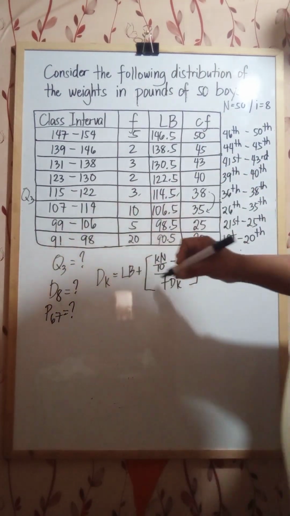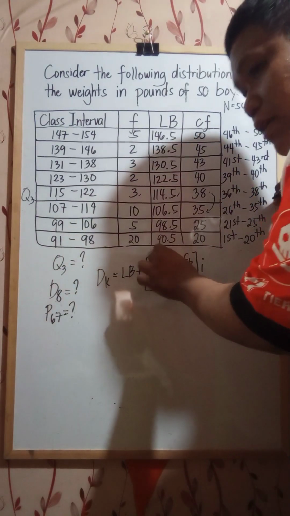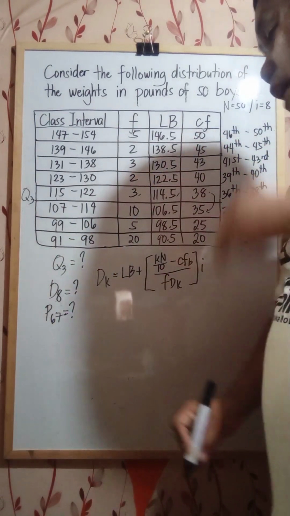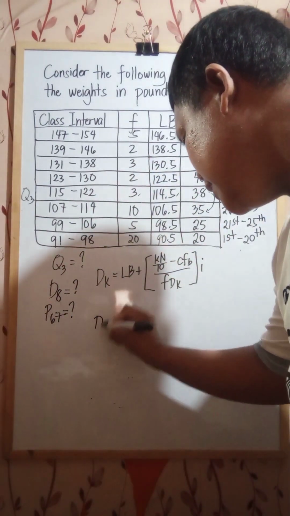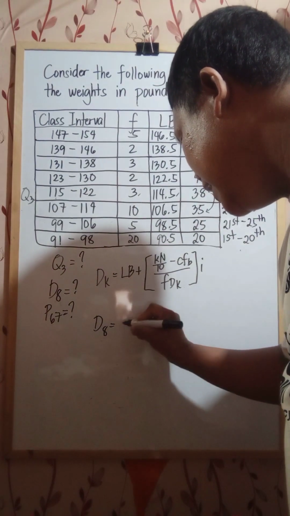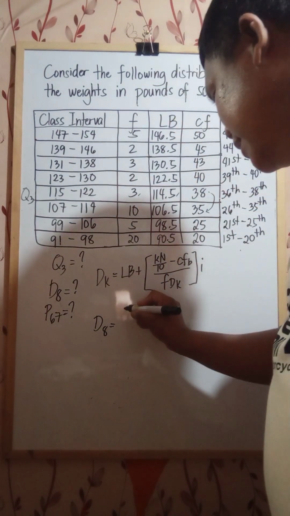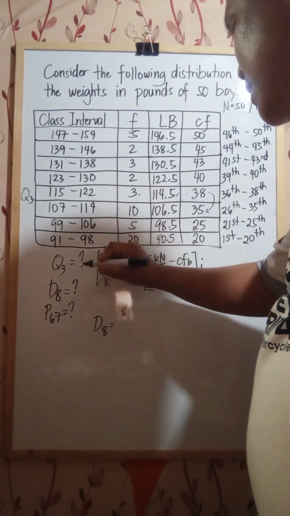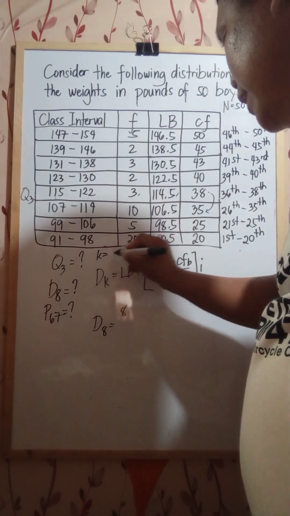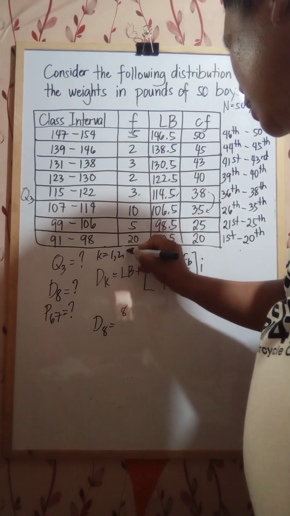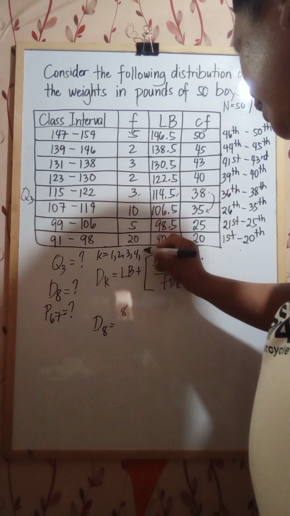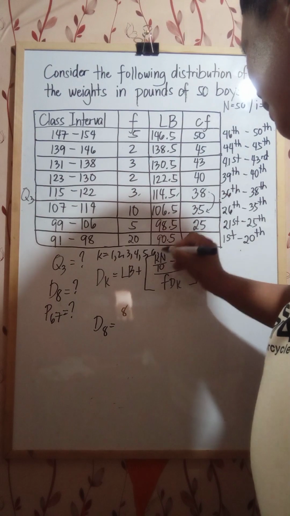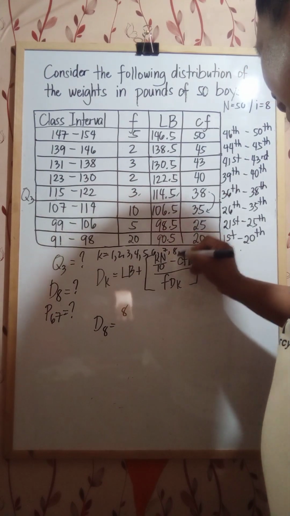Before that, let us get the position of D sub 8. For the D sub 8, we have K, which is 8. By the way, the values of K in the deciles are the following: 1, 2, 3, 4, 5, 6, then 7, 8, and 9.